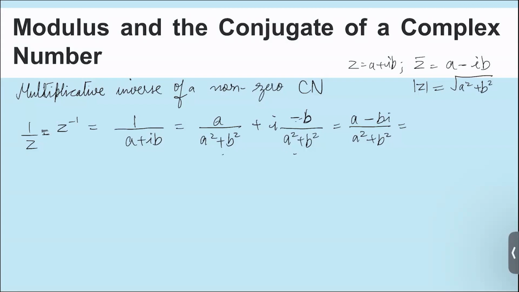So if you write this in terms of your conjugate as well as your modulus, what you get is conjugate of z upon the square of the modulus.